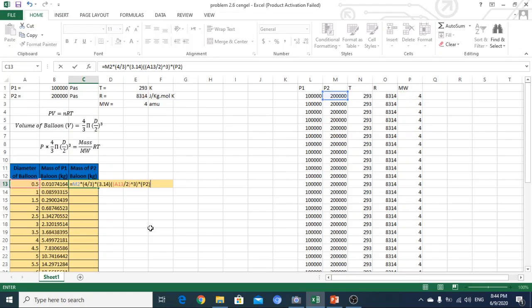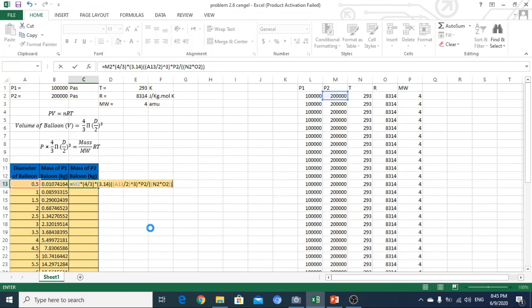Then we have to divide this factor completely with temperature and multiply by R, bracket close.